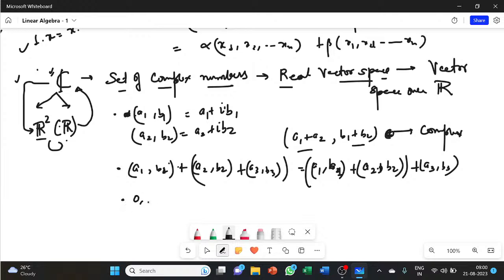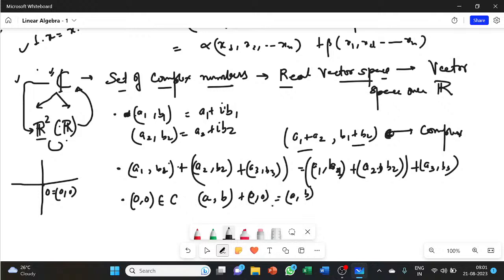Existence of 0 is there indeed. Any complex number can be represented on two-dimensional space; you just need a Cartesian plane to represent the set of complex numbers. So this 0, that is 0 comma 0, exists in C, such that if I have a complex number a comma b and add 0 comma 0, I get a comma b.